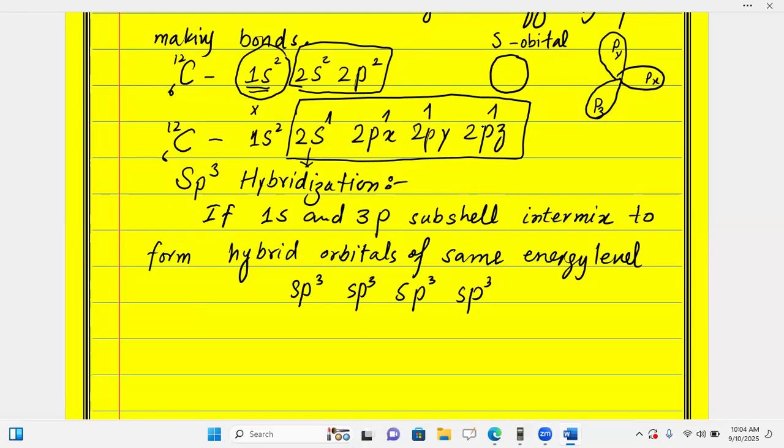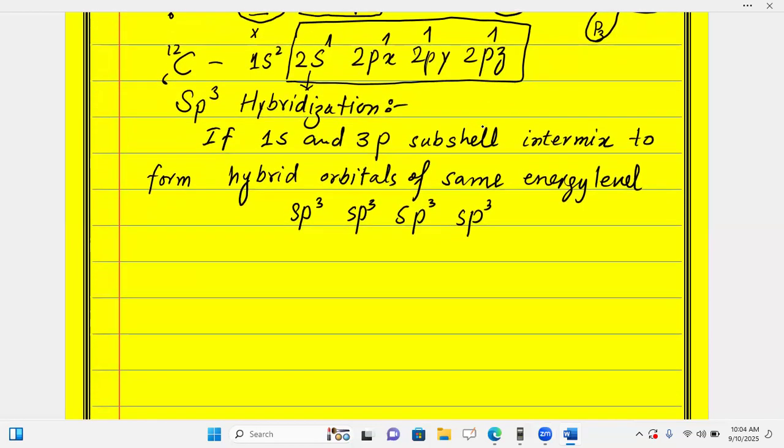Let's see how these orbitals are produced and how they show their behavior. For example, I take an alkane, ethane, to show how sp3 happens, with the carbon and another carbon, with formula CH3-CH3, as you have studied in organic chemistry of IGCSE.